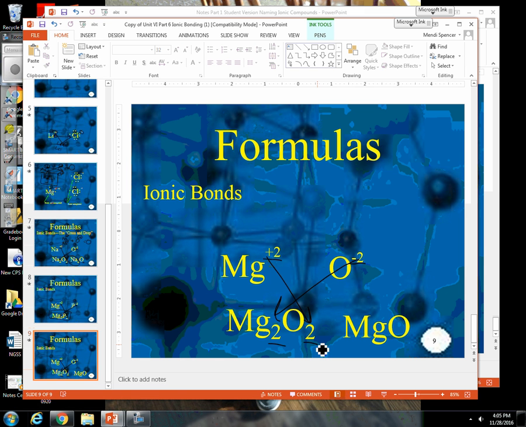So to get your most condensed formula, you can just divide both of these subscripts by 2, so that MgO is your overall formula. You also could tell that you only need one of each, because your charges are opposites, but equal. So we have plus 2 minus 2 equals 0. So overall, you would only need one of each type of atom.